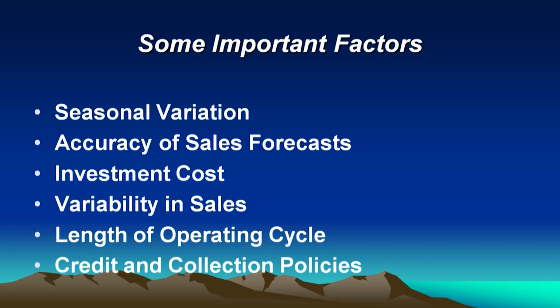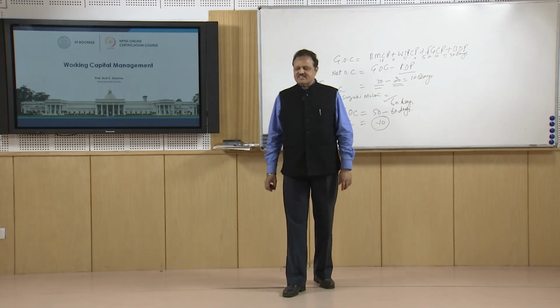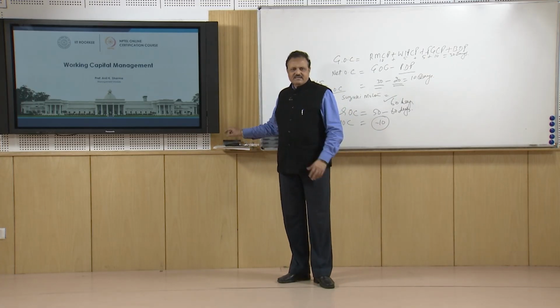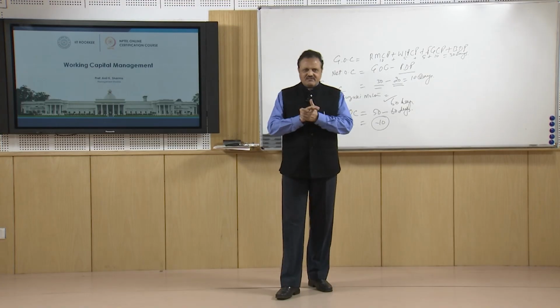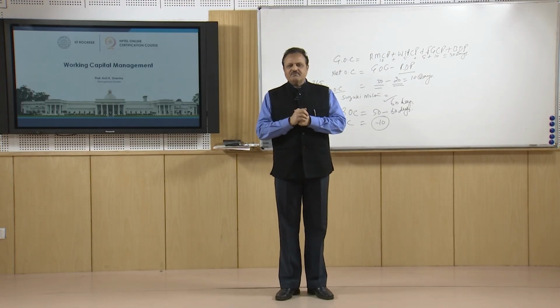So, if reasons are identified and removed, if some important steps are taken, seasonal variations are taken care of, and if the demand forecasting is correct, then there is no doubt that we can bring the operating cycle down to the optimum level, where it is as short as possible, and we are able to convert our investment of cash back into cash in the minimum possible time.